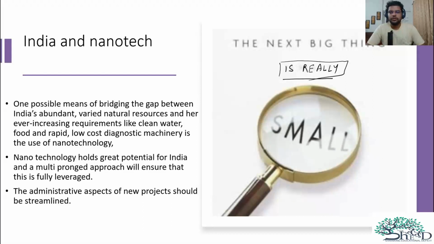So we are talking about nanotechnology. Let's talk about India and nanotech. If some question is asked about this or something like this, you can write this over there. India has a lot of natural resources, and of course population is increasing, so demand for water, food, shelter will increase.